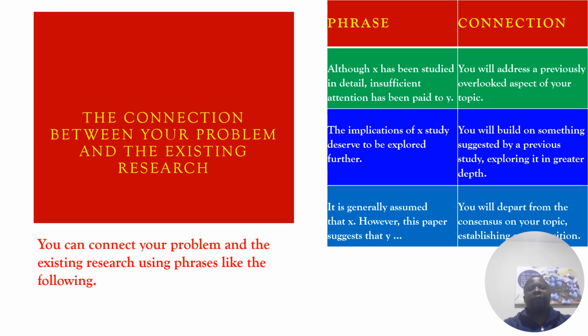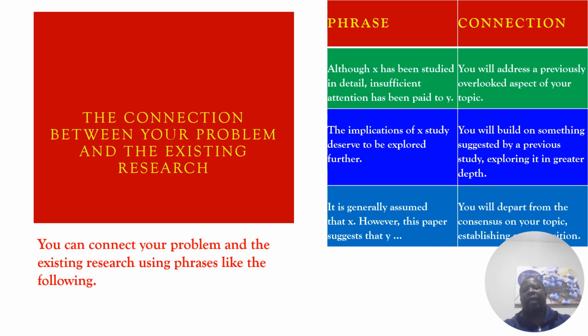Then of course, whenever you are writing a research problem, there are so many methods that you can use to write a research problem. And here the connection between your research problem and the existing literature, of course, background to the study, you can connect your problem and the existing literature using phrases like the following.